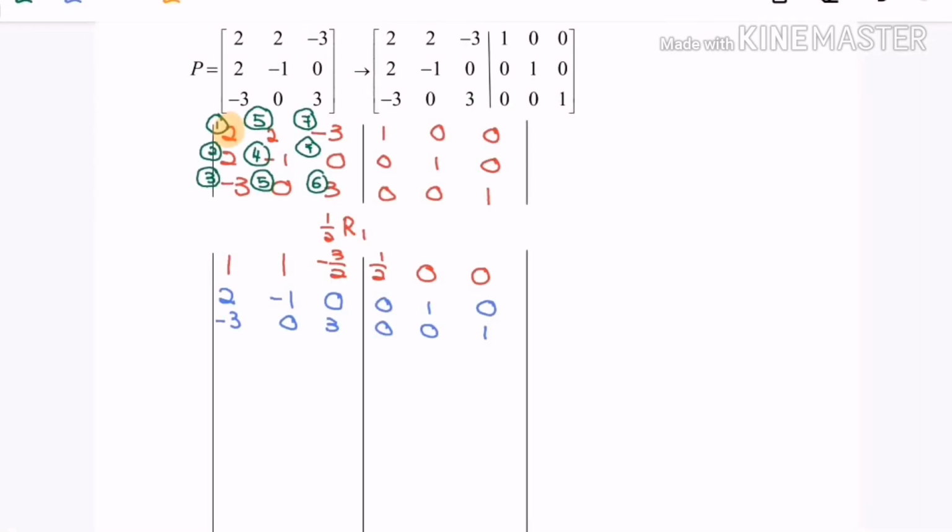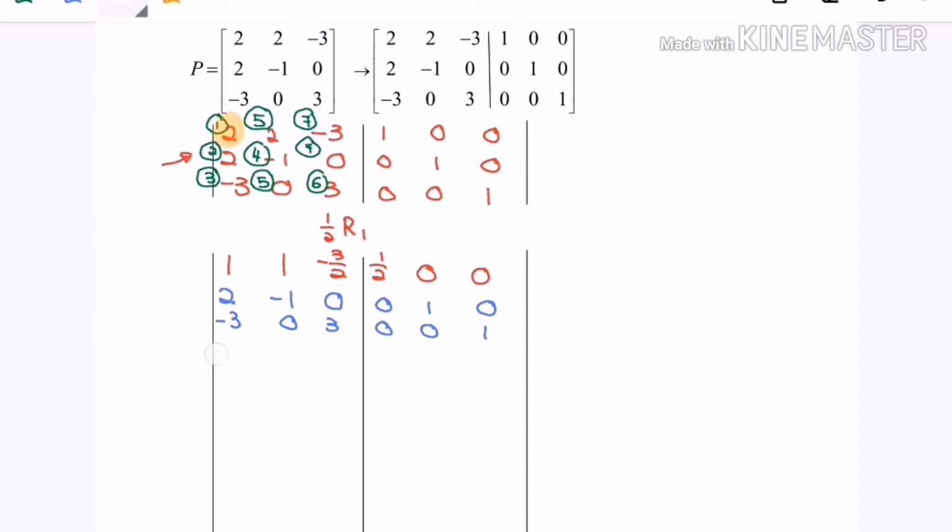Now I'm going to proceed to step number 2, how to convert it to become 0. We are going to use rule number 3, adding one row with k times of another row.